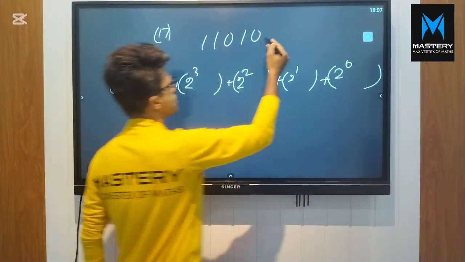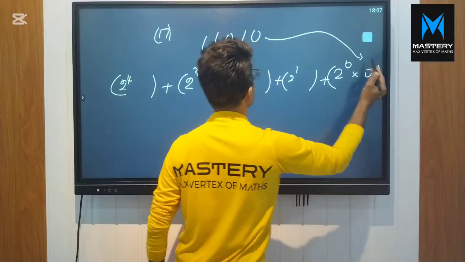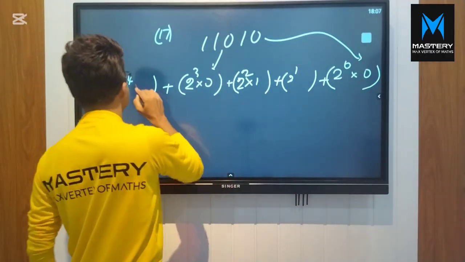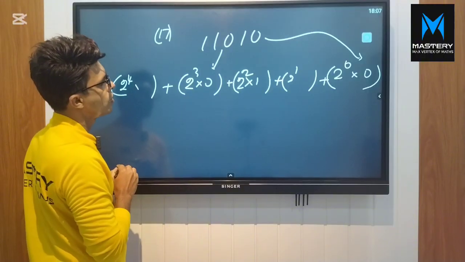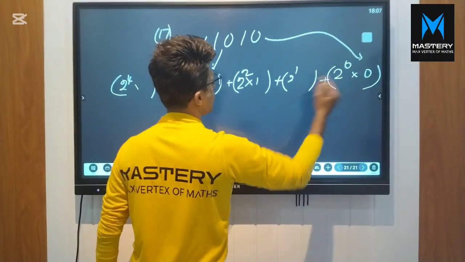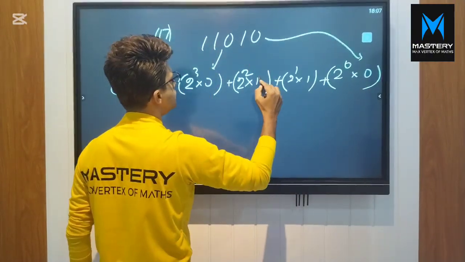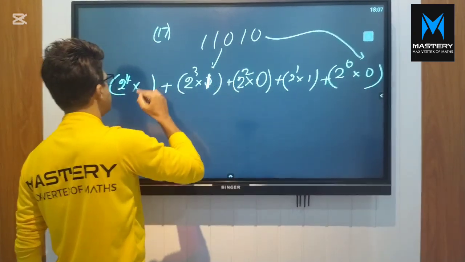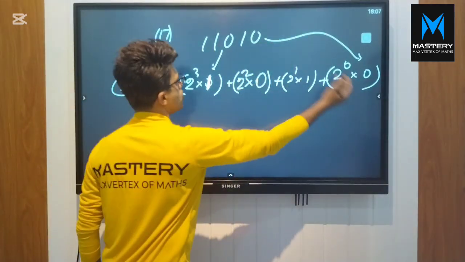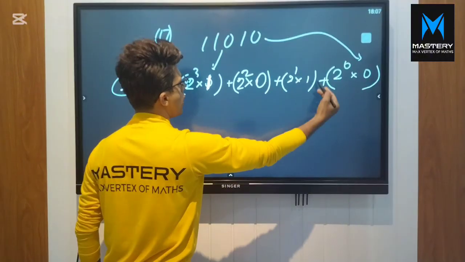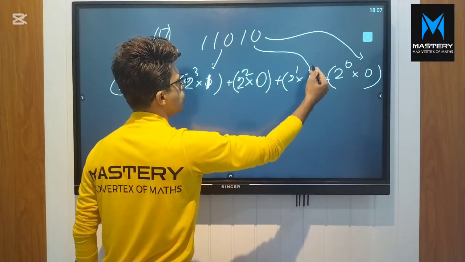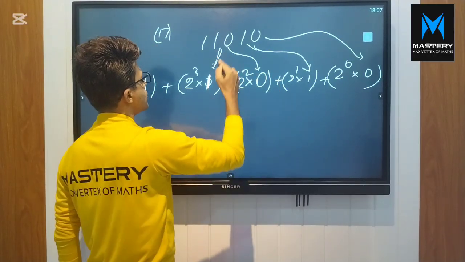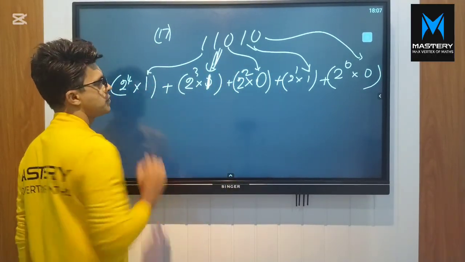So you need to write these digits against them: 0, 1, 0, 1, 1.